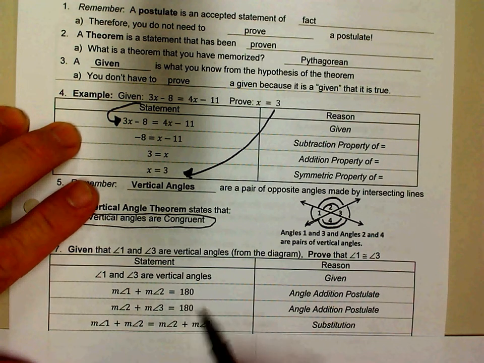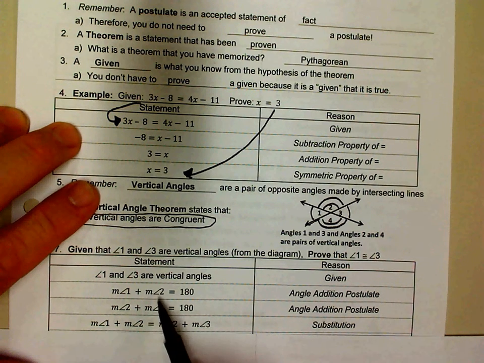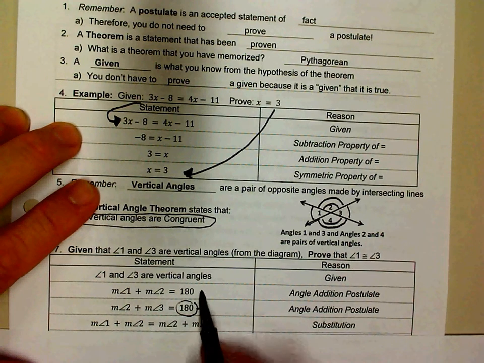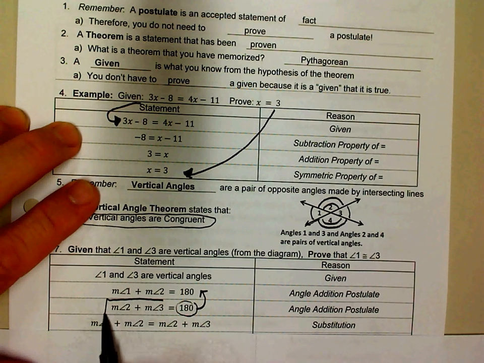Remember, that's what happens with the transitive property, and set the first one equal to the third one. Or we can just say, if we know that 180 is this thing, everywhere we see 180, we'll substitute what it equals. So that's why I've listed it as the substitution property.